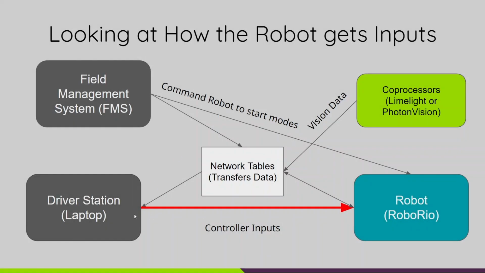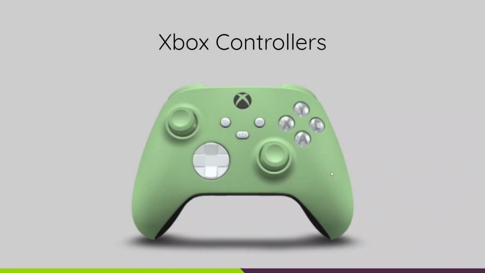Okay, now let's look at how we give the robot inputs from our driver station to the robot. As I mentioned before, we use Xbox controllers, and with any controllers in general, there's basically two types of input. There's digital input from buttons, like these buttons over here, the D-pad or the bumpers on the controller.